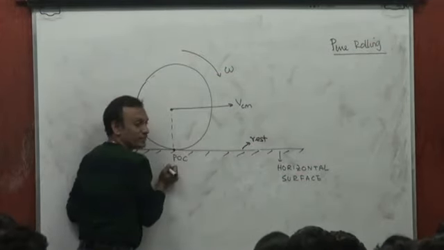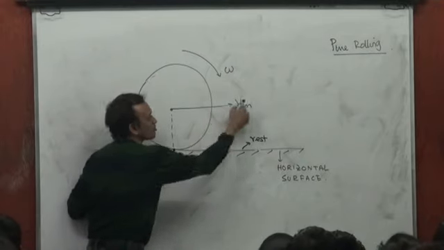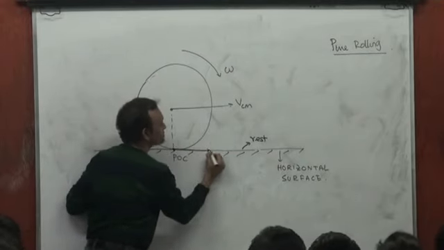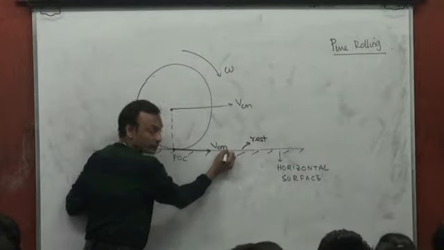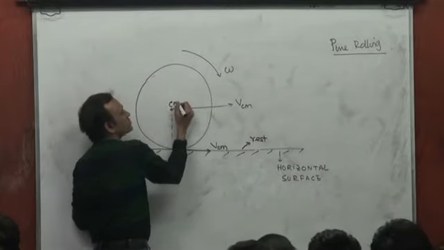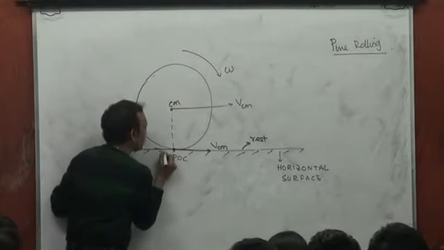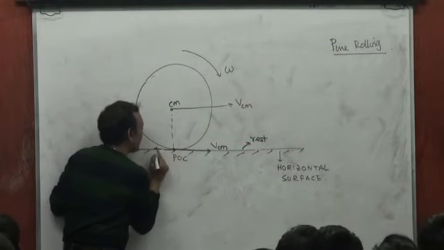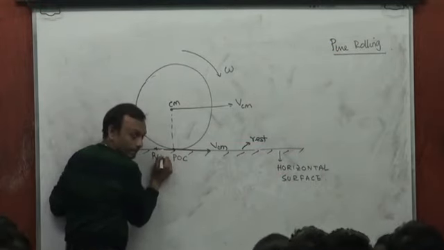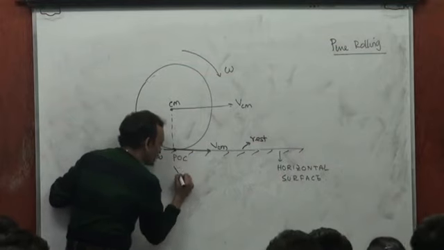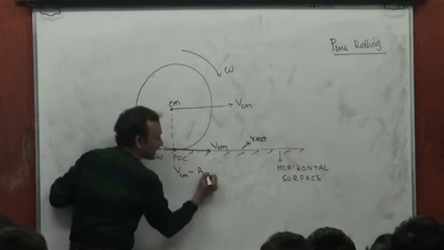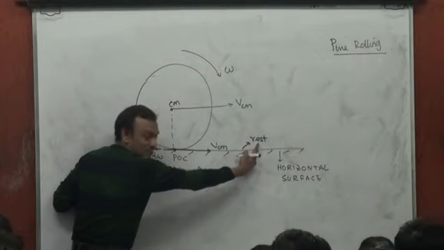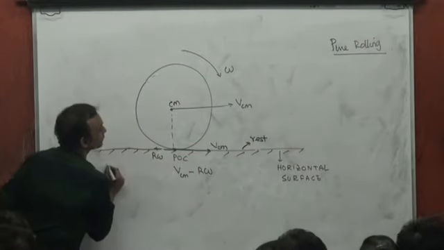Now, how do you calculate the velocity of the point of contact? Because of pure translation, it is VCM to the right. Because of pure rotation about the center of mass, it has a tangential velocity which is r omega leftwards. So the velocity of the point of contact is VCM minus r omega rightwards, and that must be the same as the velocity of the surface for pure rolling, right?